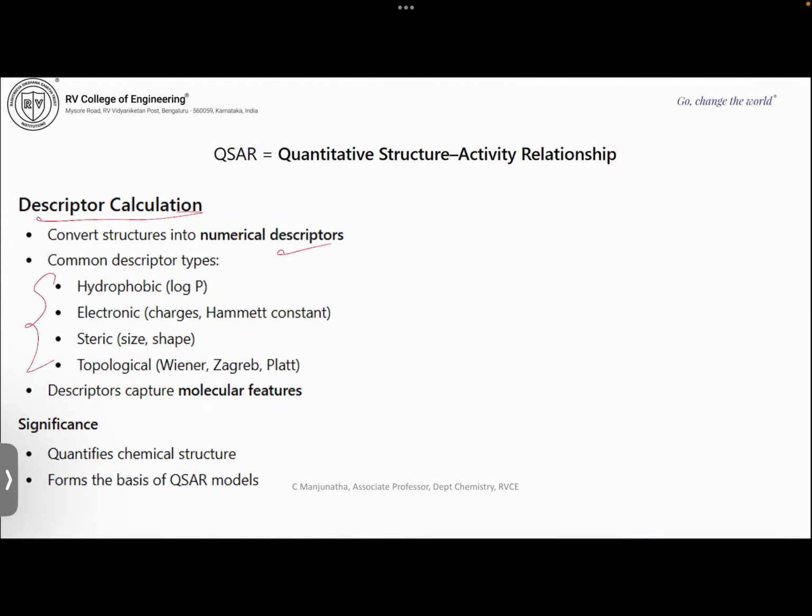Here, the numerical descriptors are different, because we are going to measure the activity. So here the descriptors are like hydrophobic property, log P, electronic charges like the Hammett constant, and steric or size or shape effect. Of course, we also use the topological indices: Wiener, Zagreb, and Platt number.